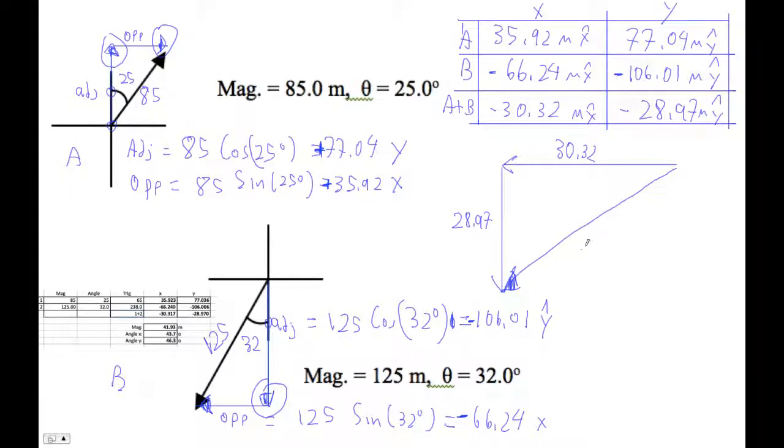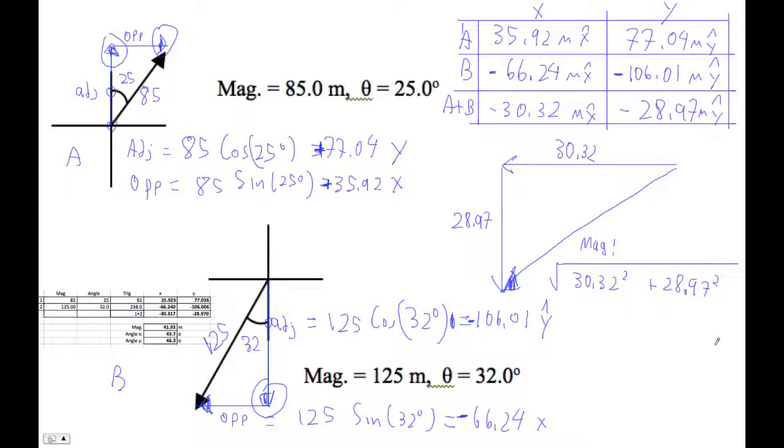Right? My magnitude is the square root of 30.32 squared plus 28.97 squared. Notice I don't put the negatives in there because that's a little bit dodgy with a TI calculator. 30.32 squared plus 28.97 squared.